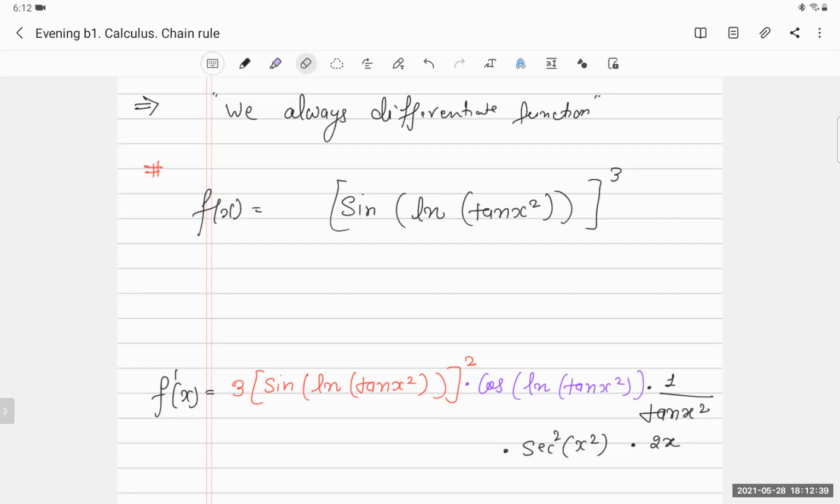Sir, can we get such complex functions to find things like instantaneous velocity or instantaneous acceleration? Or does it matter? Suppose if I give you a function like this, then you have to do it. Sir, mainly do we get it or not? You can get.